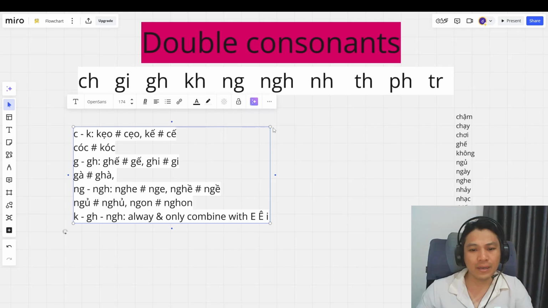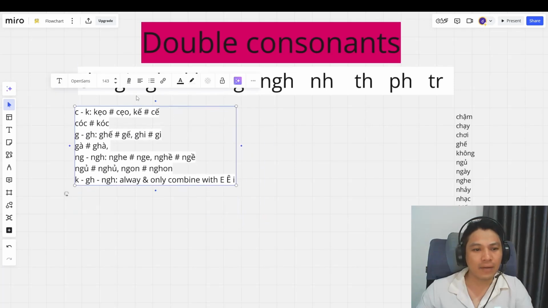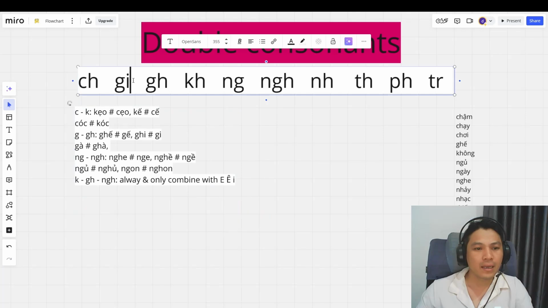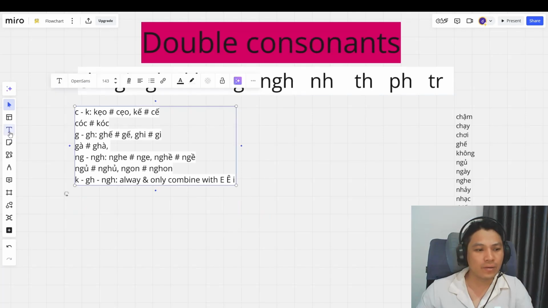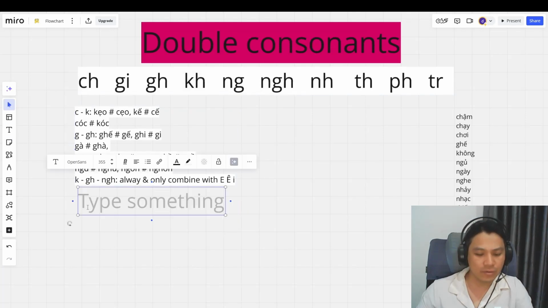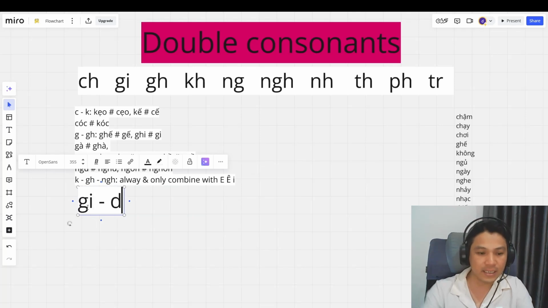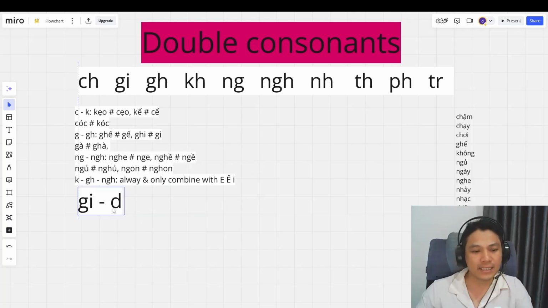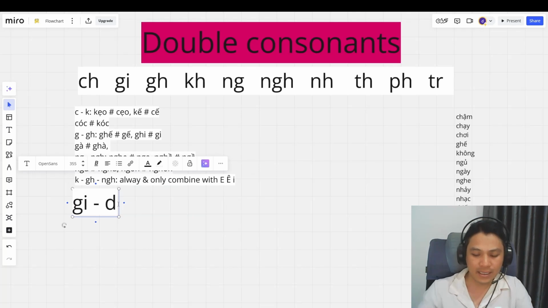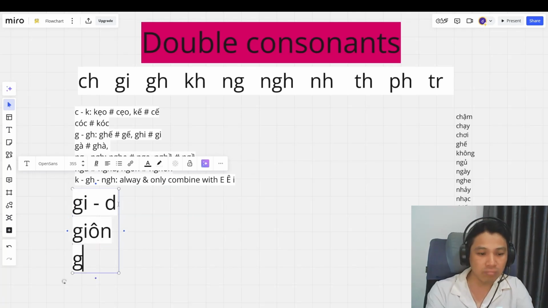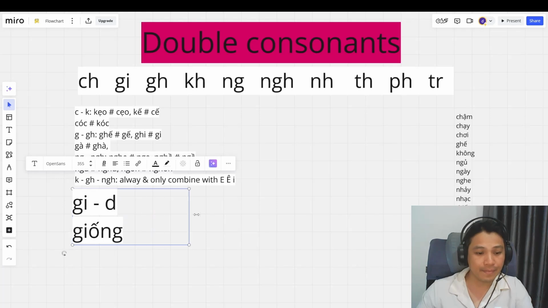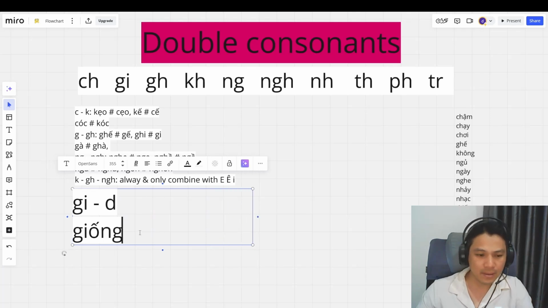And now we go to another case with this one. This one and this one, we say exactly the same. For example, the word giống, it means the same, right? So when you see this one, it is g and e, right?